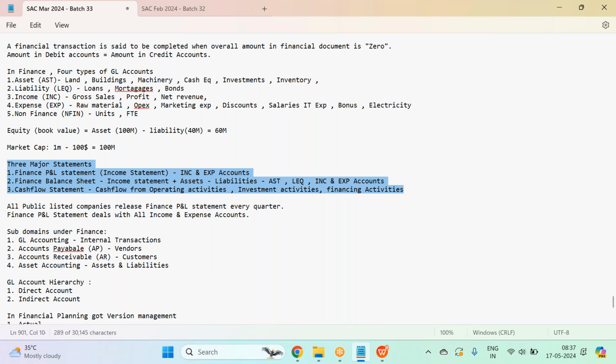Any public listed company should release the profit and loss statement each and every quarter. Every quarter the company releases the earnings. What exactly do they release each and every quarter?